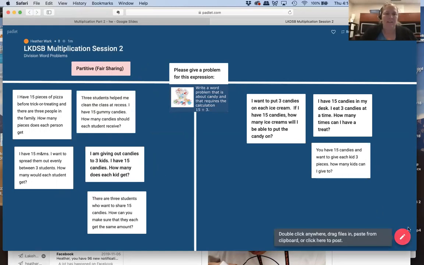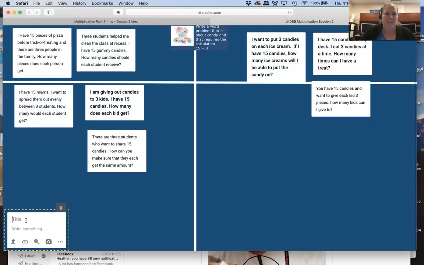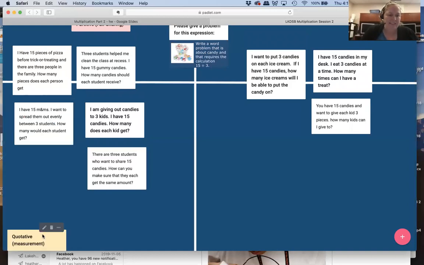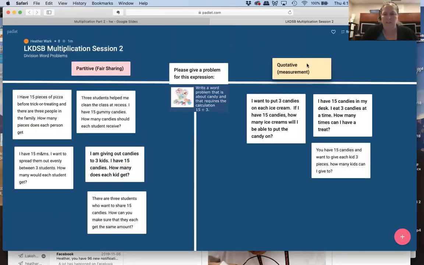Quotative or measurement. Both of these names are used interchangeably in the research, so those are the two names of these two different types of division.